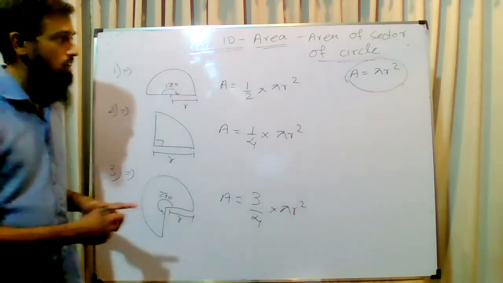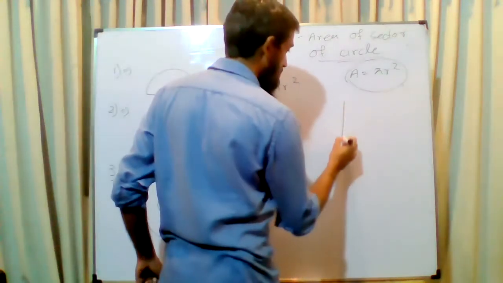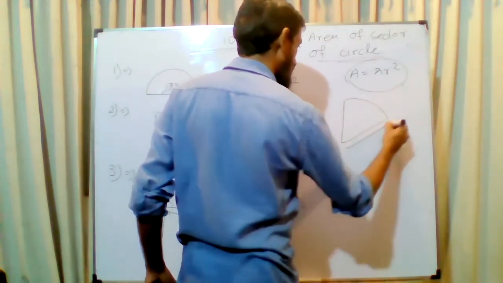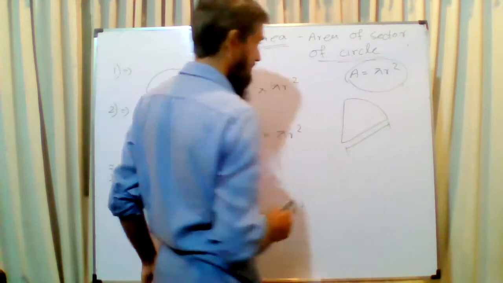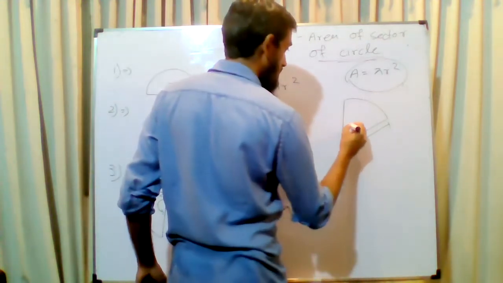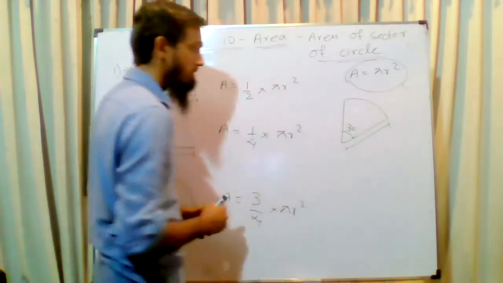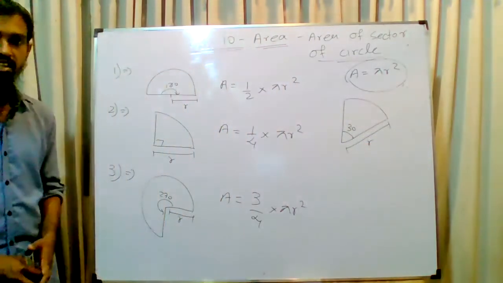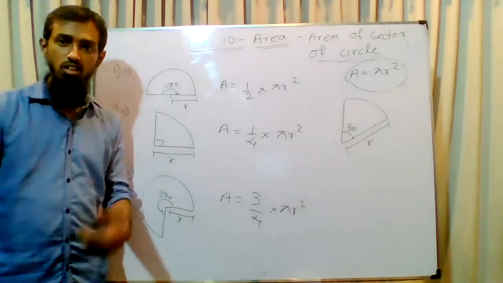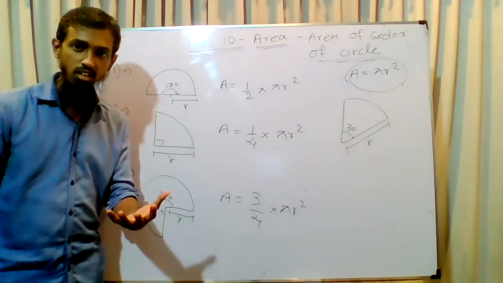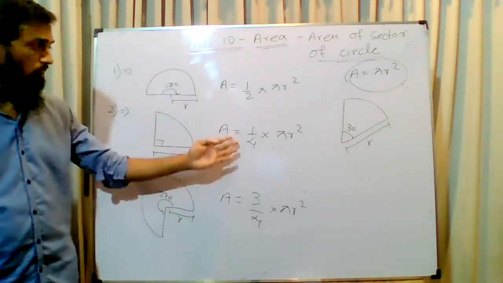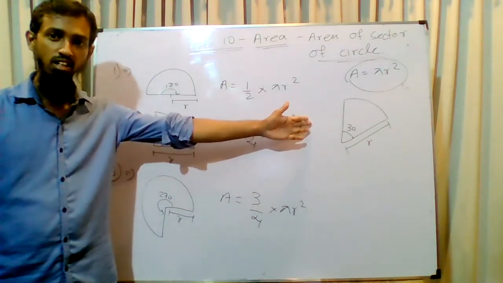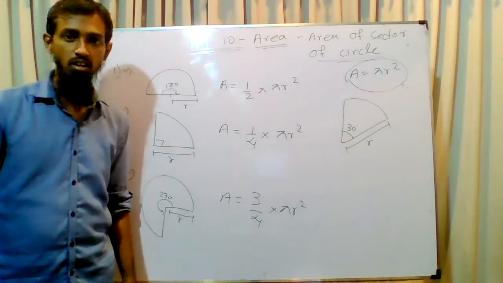But instead of these three, if you give a sector with the center angle 30, radius r, can you tell directly, like the half, 1/4 and 3/4, what is the portion of this sector to the entire?